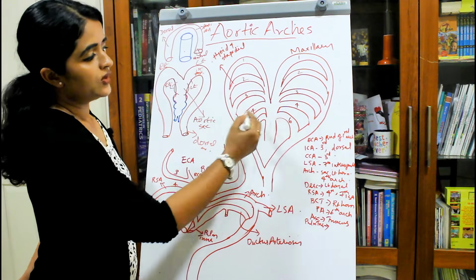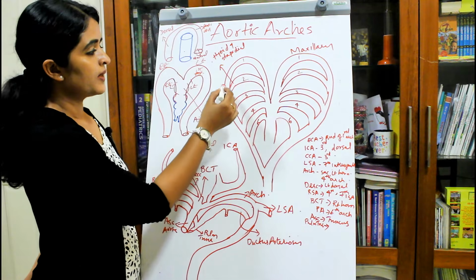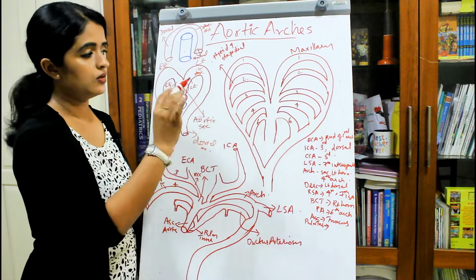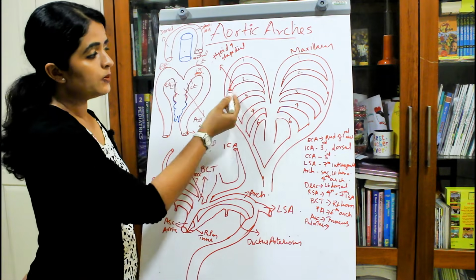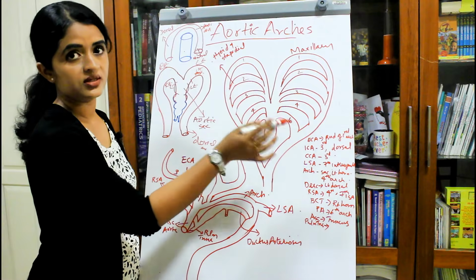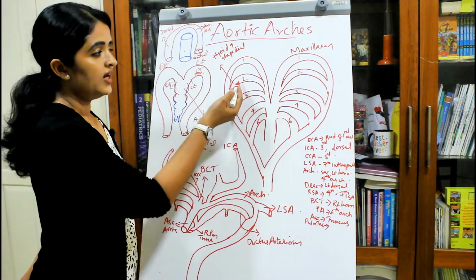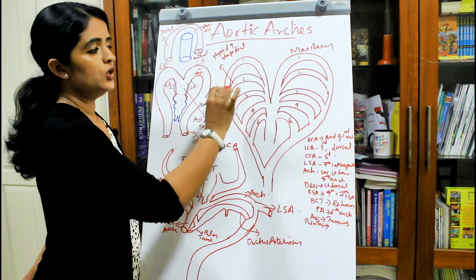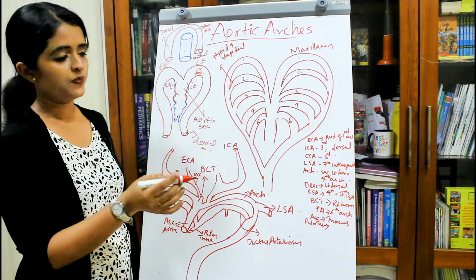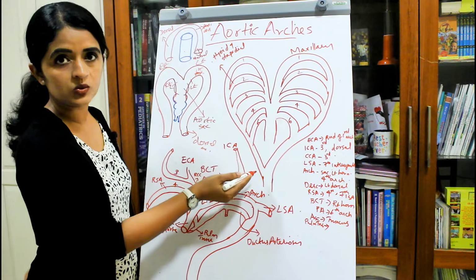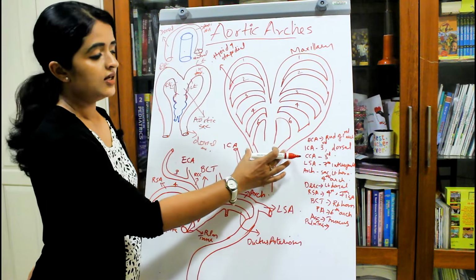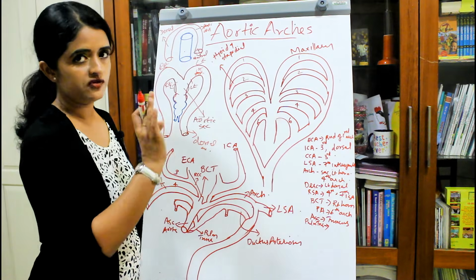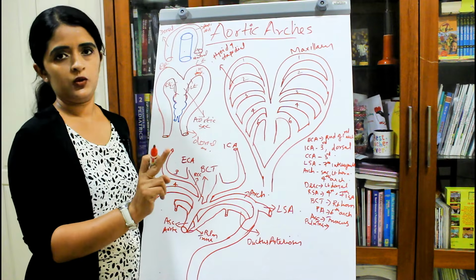When you have a look at this, you can see that this dorsal aortae you get on both sides, that is on the right and left side, corresponding to the pharyngeal arches. Or you can say that where the aortic arches are present, in that region you will get paired dorsal aortae. But after the aortic arches, what happens? You can see that the dorsal aortae from either side fuse together to form a single dorsal aorta.